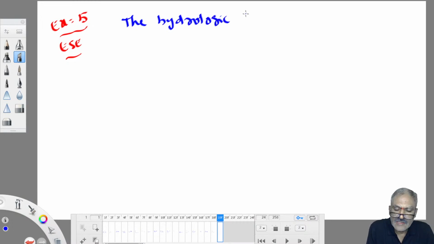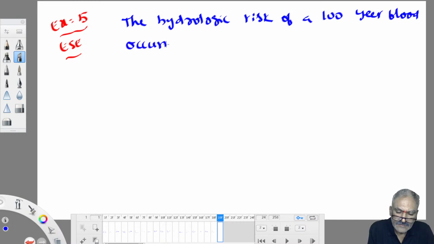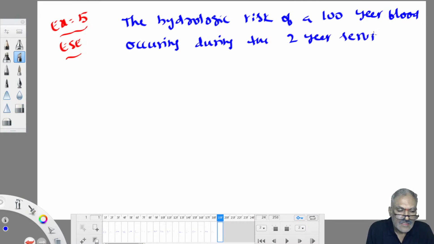The hydrologic risk of a 100-year flood occurring during two-year service life of a project.